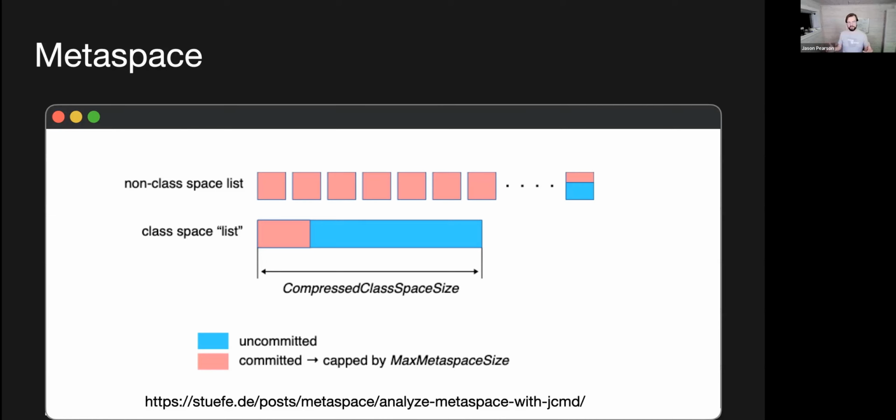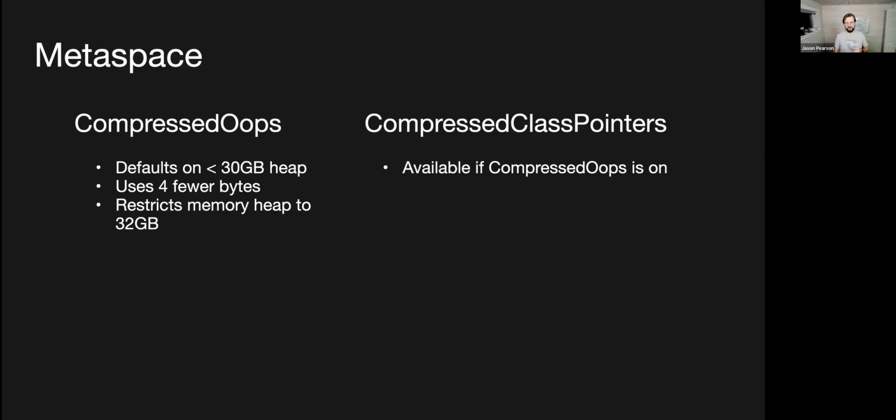And then the non-class space is variable. It can grow unbounded by default with the JVM. An interesting thing about these things is that it will only be enabled and only allowed on heaps under 32 gigabytes.